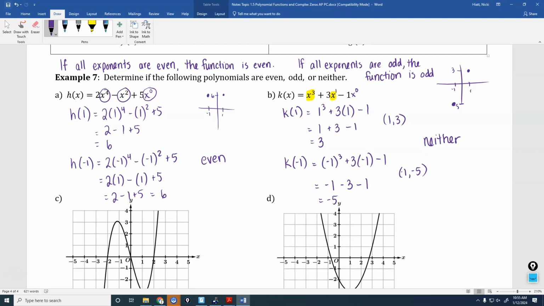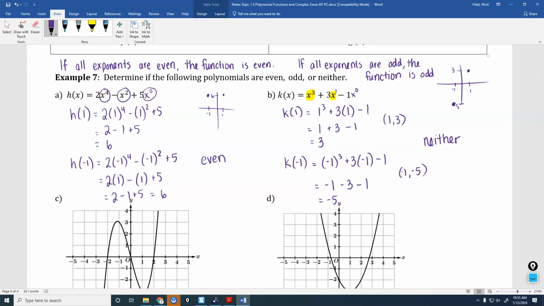Okay, questions? So if the exponents have 2 evens and then an odd, it's neither. Yes. They have to be all even or all odd for it to be even or odd. If you have any that don't match the others, then it's neither. You really don't even have to work them out.